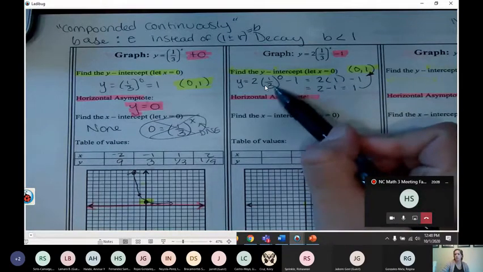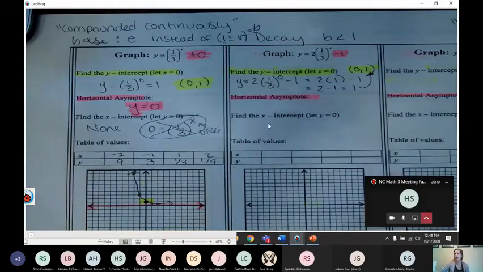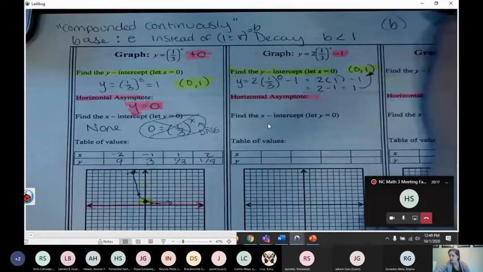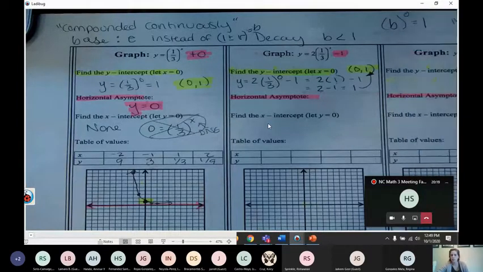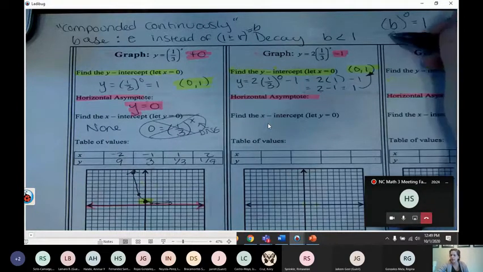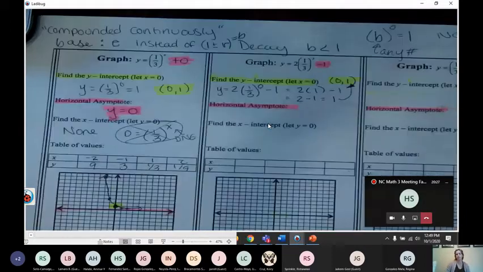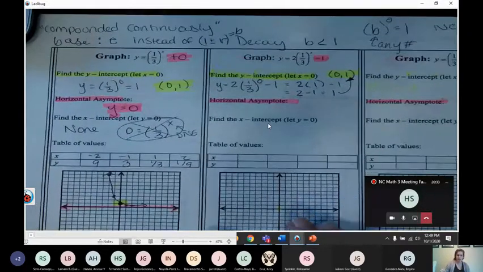This is an exponential function. But anything to the 0 power, any value, you could pick any b value, to the 0 power is always going to be 1. So you can stick anything there. So any number to the 0 power is 1. Okay. All right, thank you.